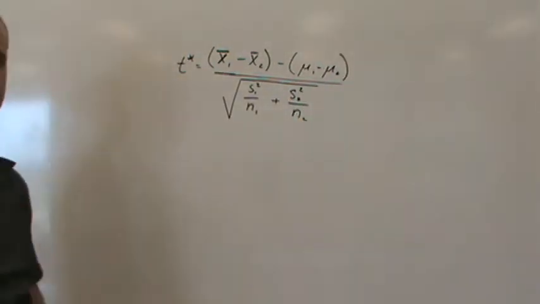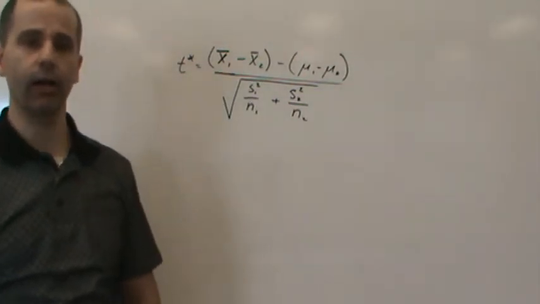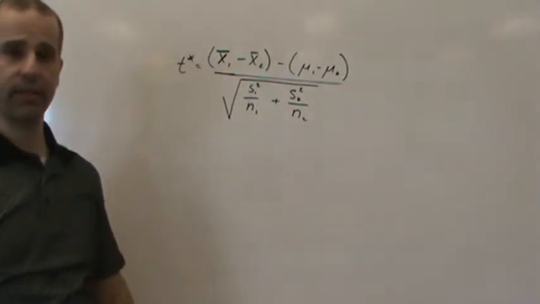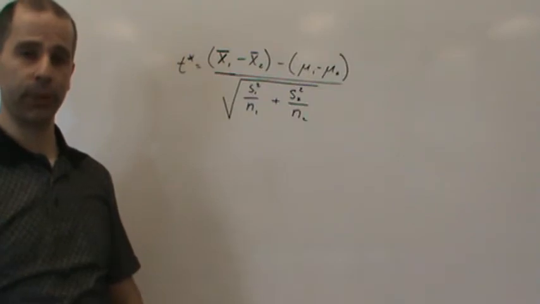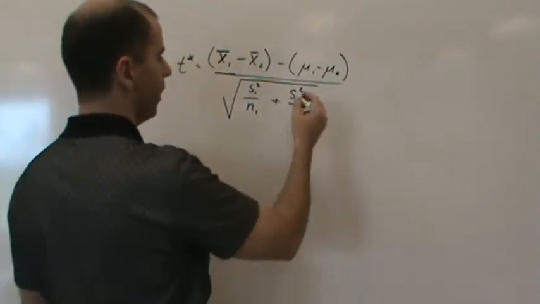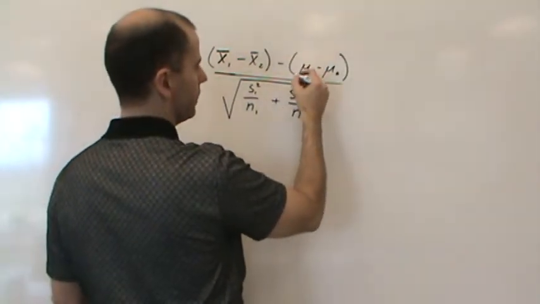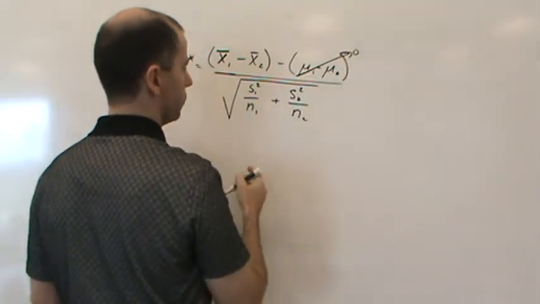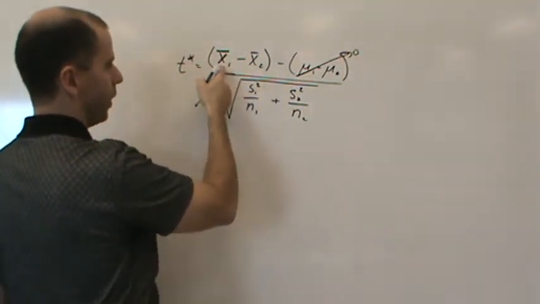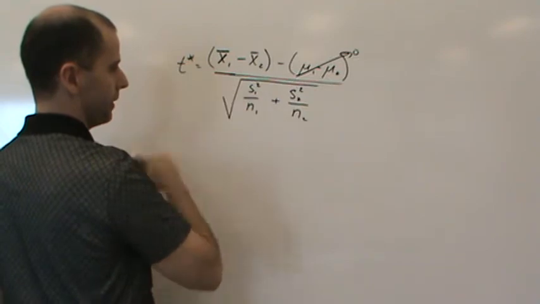That's our test statistic t star for testing the difference between two population means. Under the null, mu 1 minus mu 2 is 0, so it reduces to x bar 1 minus x bar 2 divided by the standard error.